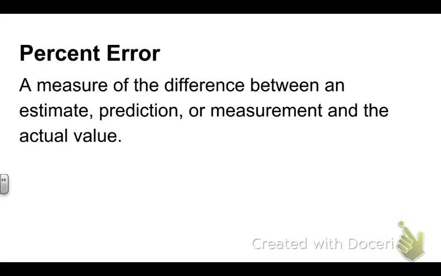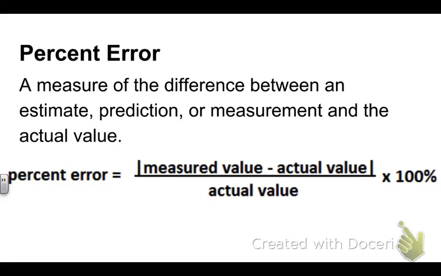All right, we also need to talk about the percent of error. So what that is, it's a measure of the difference between an estimate, prediction, or a measurement and the actual value. So this is the formula. The percent of error equals the measured value minus the actual value, and it is the absolute value symbol there.